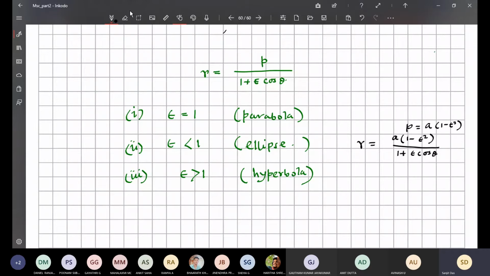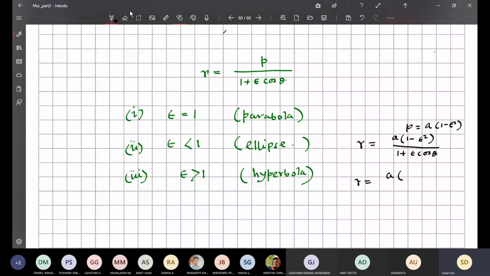Now these things you were initially telling, whether it is the semi-major axis or not, all will come into play.